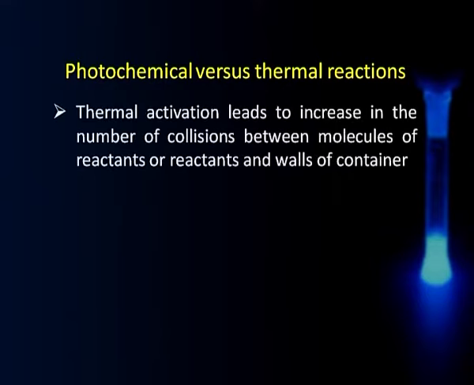Okay. Now, continuing on this, let us see what happens when thermal activation takes place. That means you have reactants and you give some heat to them. As a consequence, the number of collisions between the molecules of the reactant, or between the reactant and the walls of the container, will increase. All of us know that fairly well. That is a typical consequence of a thermal or heat input into the system.